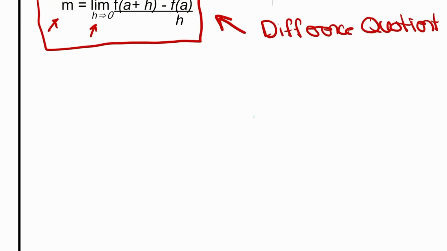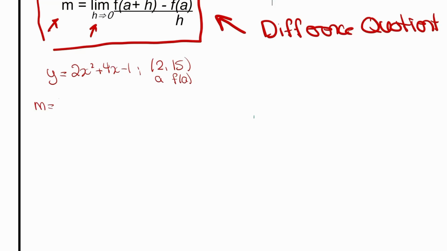Let's look at the last question again. So we have the function y equals 2x squared plus 4x minus 1. We have our point of 2 and 15, remembering that this is my a value and this is my f of a value. And now we're going to put this into our difference quotient.